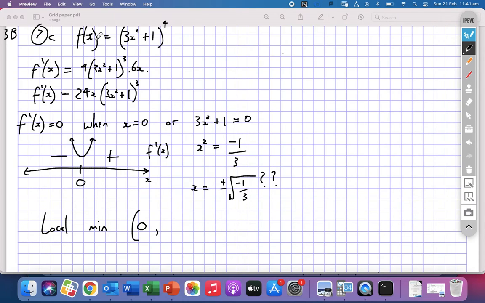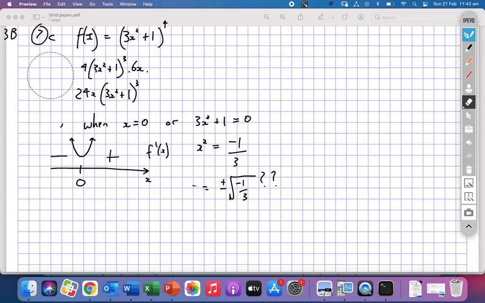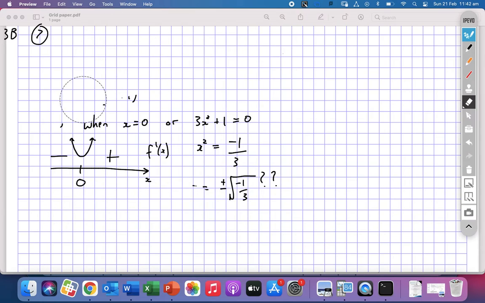If I'm classifying, I'm not saying what the gradient is there. I mean, the gradient's 0. I'm saying where is this actual point? So I go back to the function, I put my 0 in, I would get 1 to the power of 4, which is 1, right? I don't think the question asked for that, but you may have questions that do. All right, so it was C, D, and F.